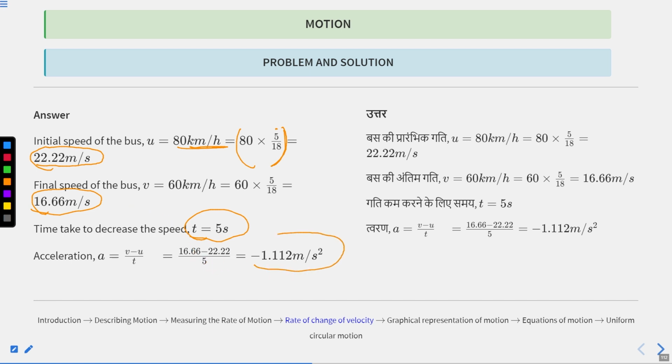And the final answer is negative 1.112 meter per second square. And you know why the negative sign comes here, because it's a case of retardation. Clear, class? So this question is also clear to us.